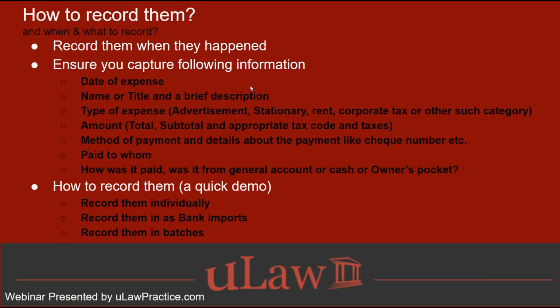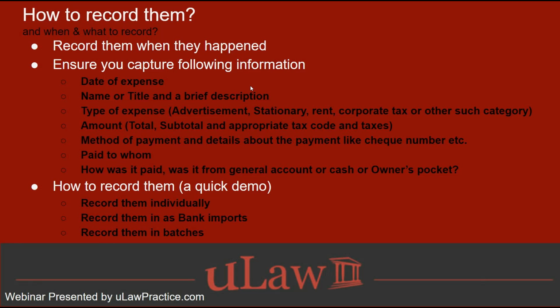What was this expense about? So giving it a nice name or title or a brief description just makes your life easier when you're looking at these expenses and you're not staring at a number, not knowing what this was for. Because when you look at your bank statement, depending on the financial institution you're working with, often your bank statement is going to say a crazy alphanumeric title and then give you a number.